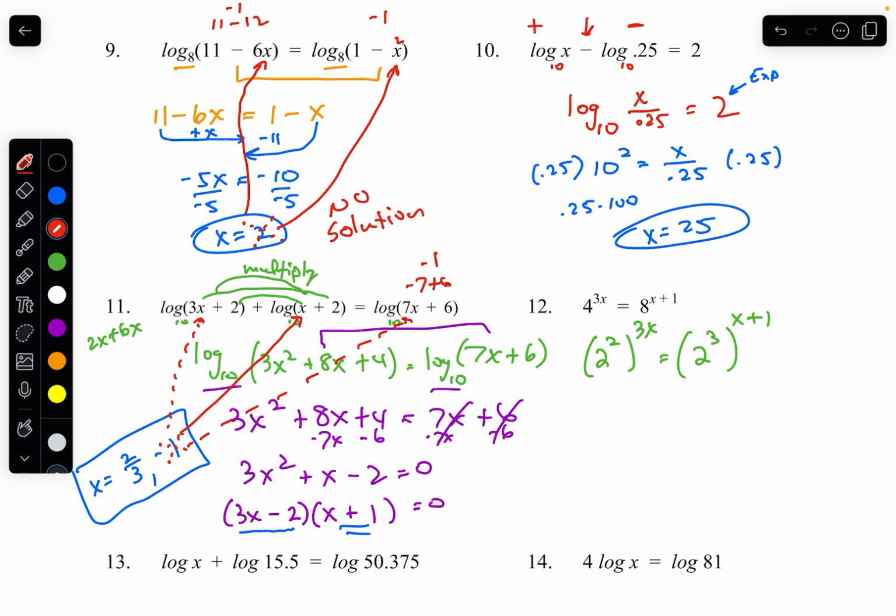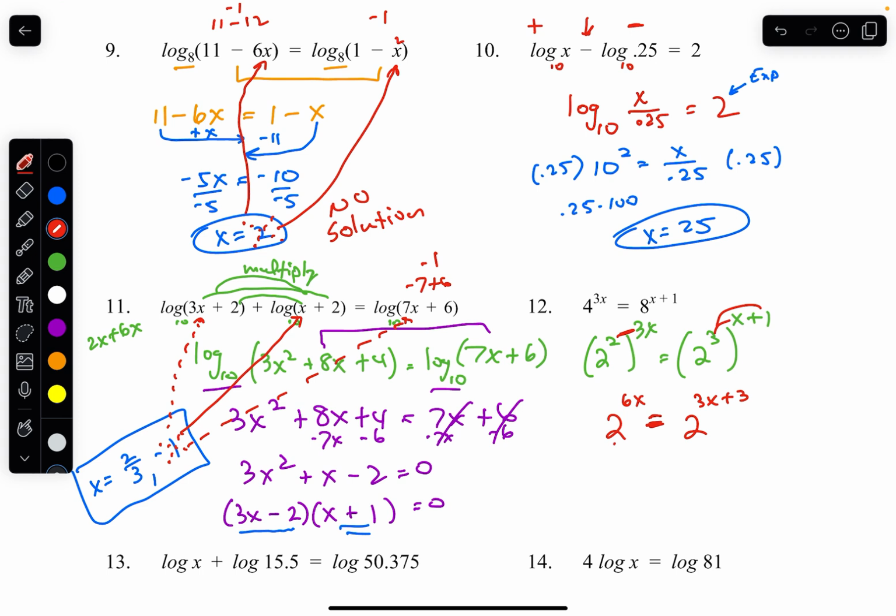So we're going to have those two things multiply. So you're going to have base 2, and 2 times 3x is 6x. And base 2, these two things multiply, so you have to distribute. You're going to end up with 3x plus 3.